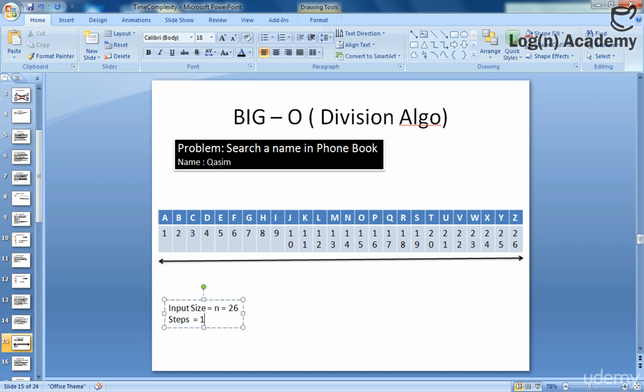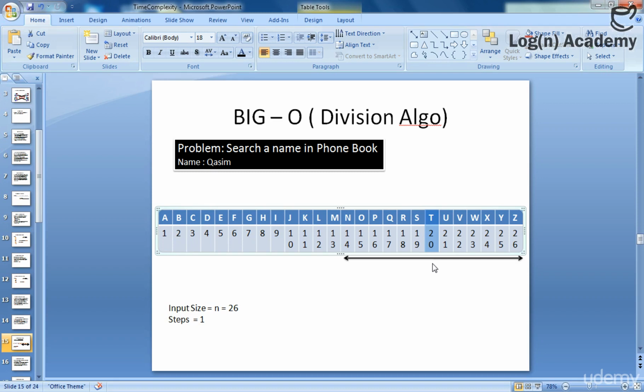So this is step 1, and then we have reduced our input size. So now in this half we will again divide it by half. So 14 from 26, the middle letter is T. We will divide into half, and now we will check on which side the letter Q can be found.